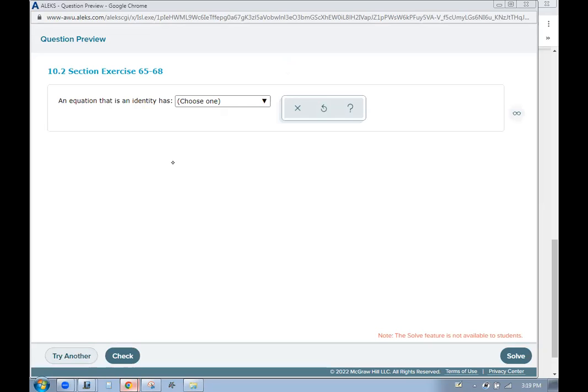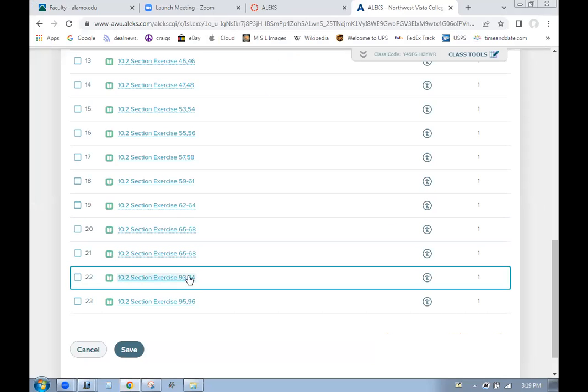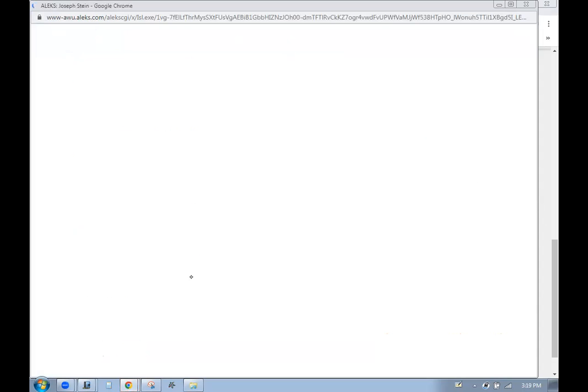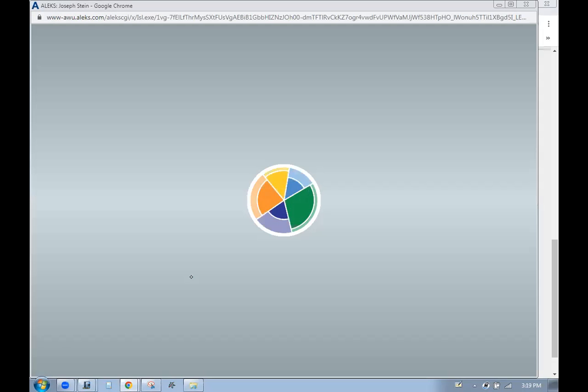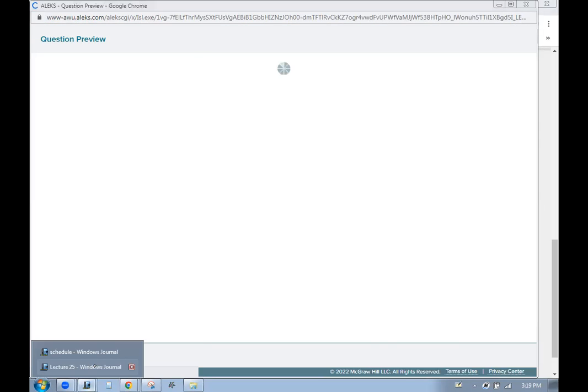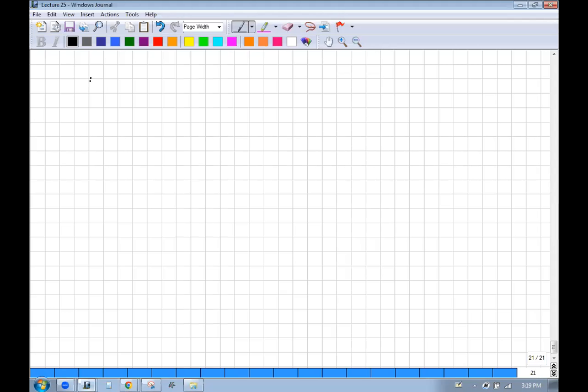An equation that is an identity has infinitely many solutions. That's what we just saw. It was an identity. Okay? You'll see those more in mathematics. They are very, very useful. Something is identically equal to something else. Something that's always true.